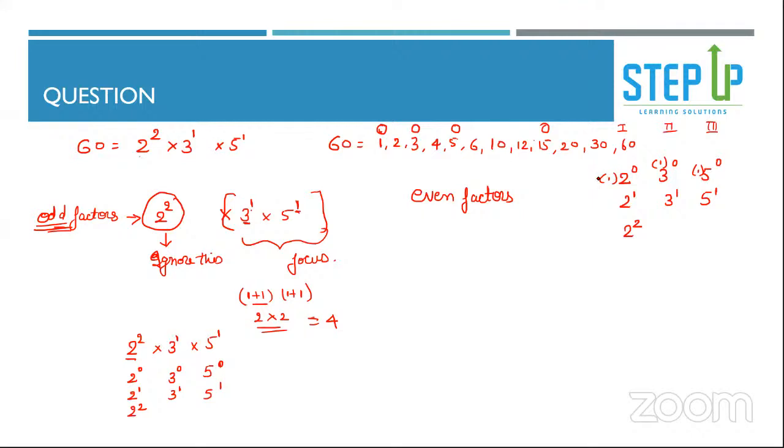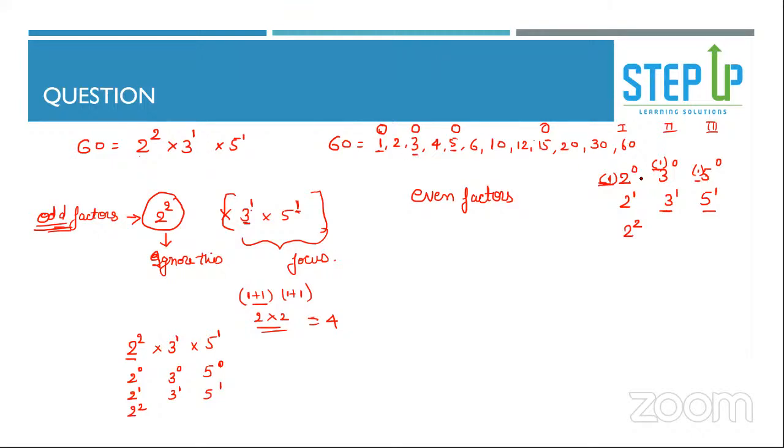So how are we getting this? You have to make combinations. So 1 into 1 into 1 is giving you 1. 1 into 1 into 5 is giving you 5. 1 into 3 into 1 is giving you 3.